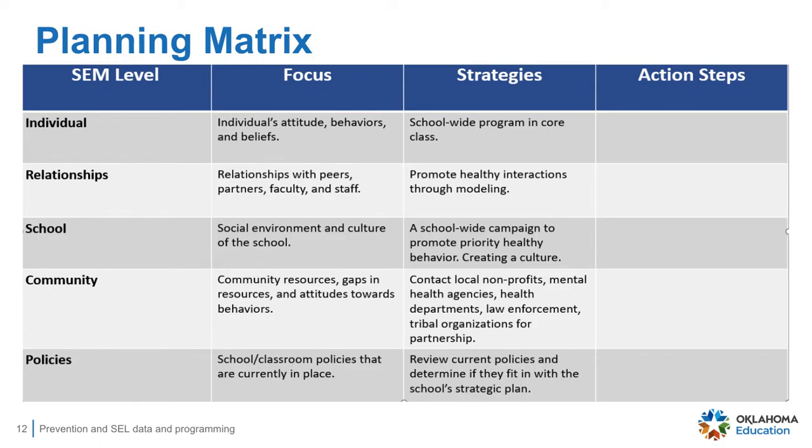Examples of action steps for individual may be to first purchase and then teach the topic through an SEL or prevention curriculum. Action steps for school-wide may be to include concepts in the expected behavior matrix, to put up signage around the building, and to continue discussing the topics outside of the curriculum lessons.